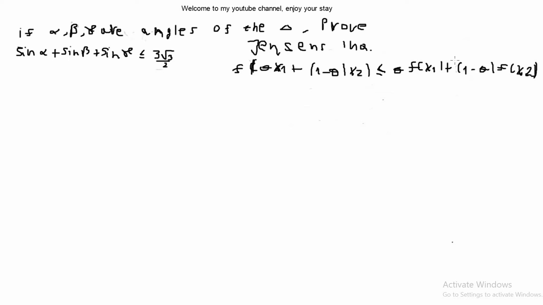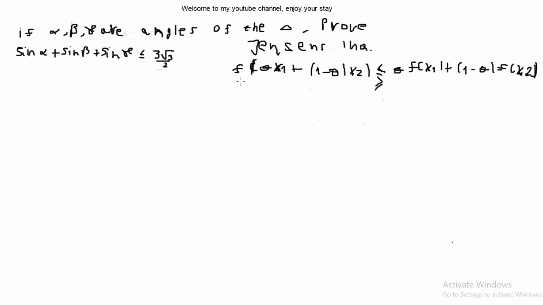This looks similar to what we have, a sum of something like sine of alpha, sine of beta, sine of gamma. In order for this to work, the function needs to be convex. If the function is concave, the opposite holds. So probably our function needs to be concave on some interval.